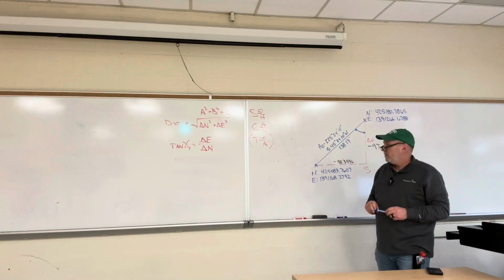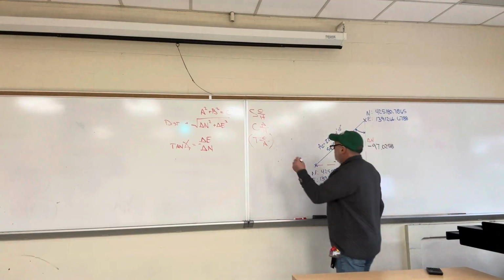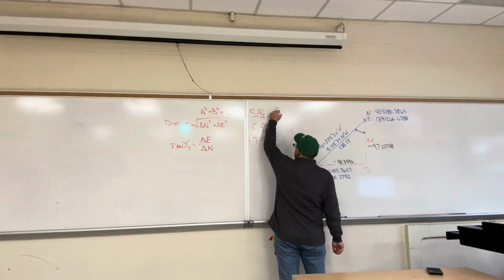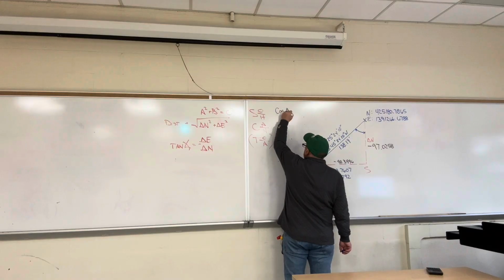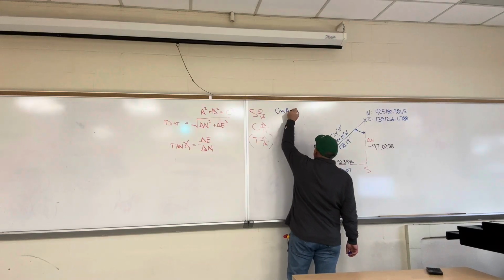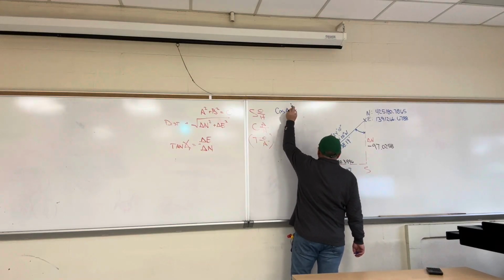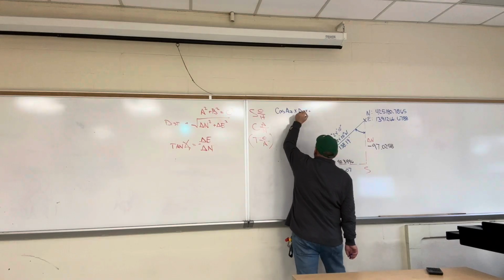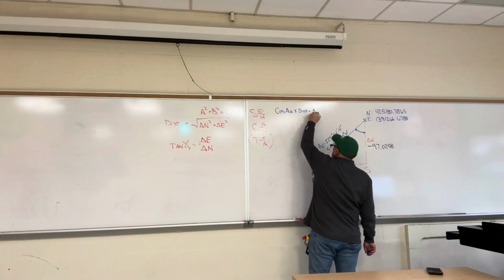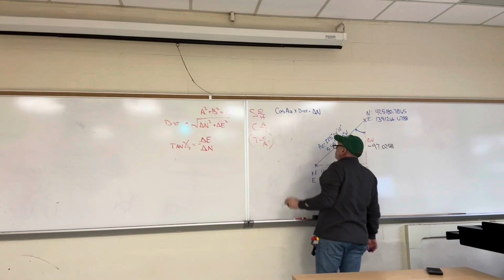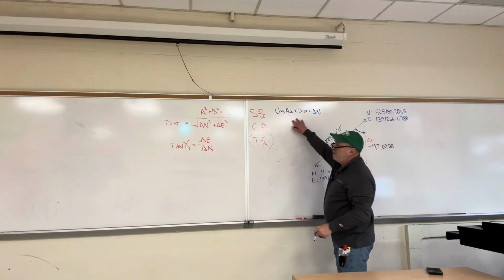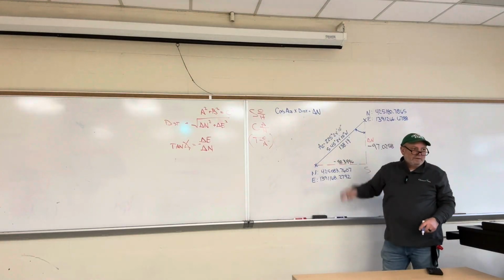Understand? We're good? So if I was to take the cosine of my azimuth times my distance, it is going to equal my delta northing, right? I didn't want to just rewrite all those numbers out again right away.